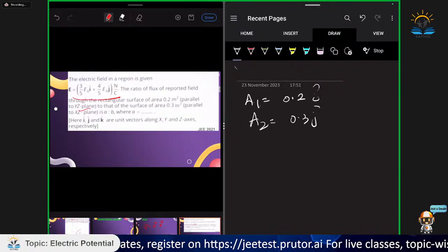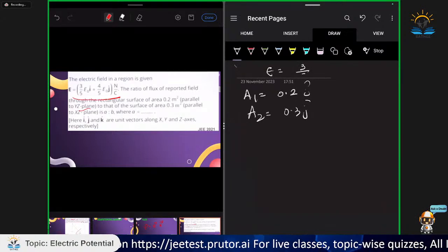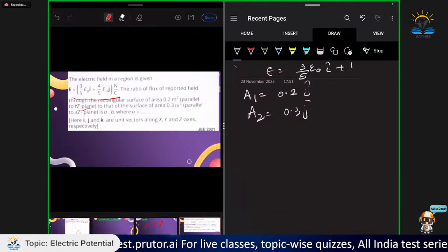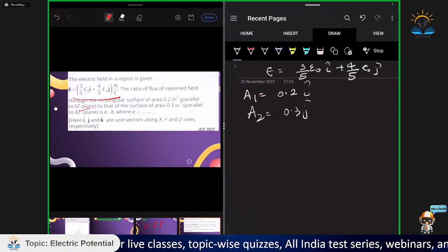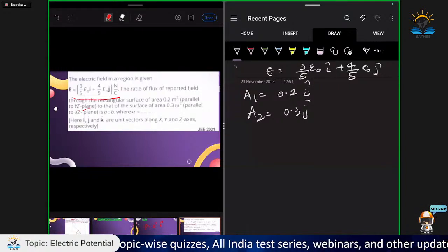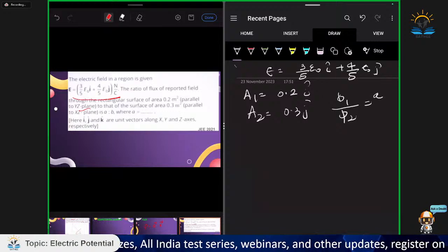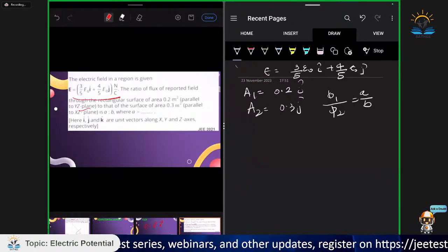It's given E is equal to 3 by 5 E0 I cap plus 4 by 5 E0 J cap. We have to find out the ratio of flux, A by B. Simple.